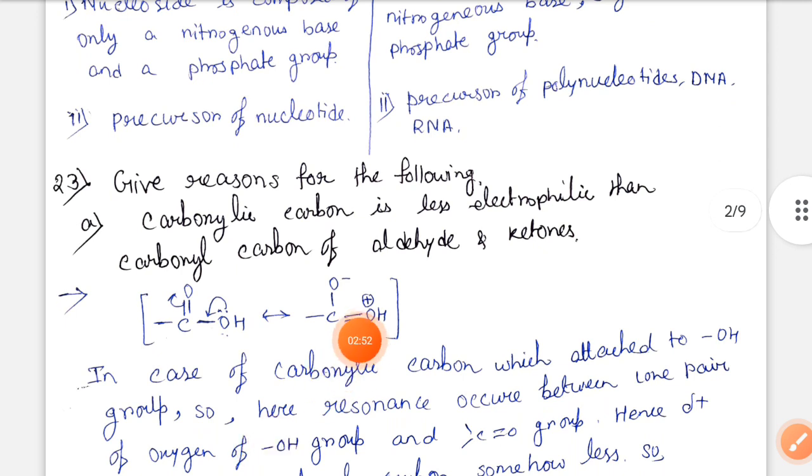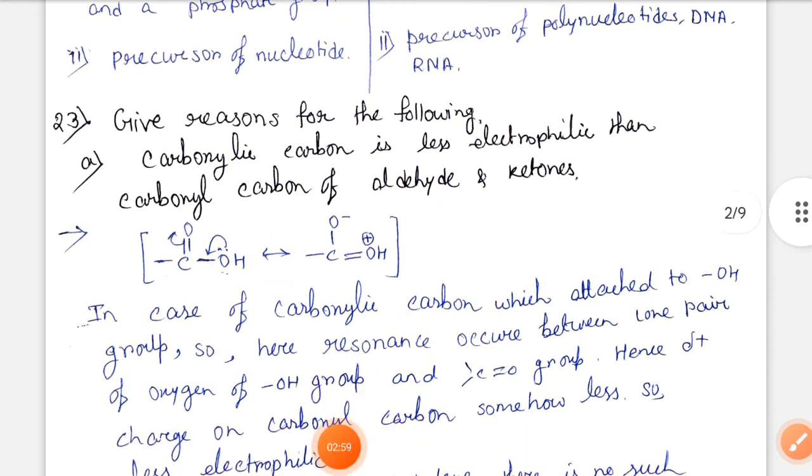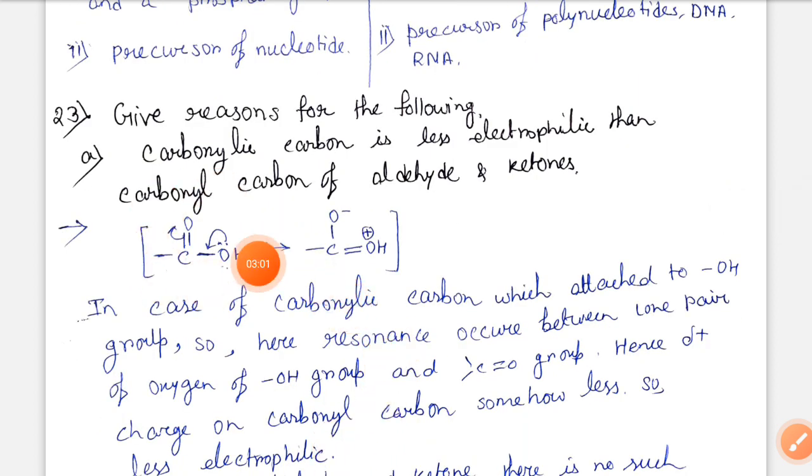First one is carboxylic carbon is less electrophilic than carbonyl carbon of aldehyde and ketone, because in carboxylic acid the group is this carboxylic group, C double bond OH. Okay, you can release hydrogen and a carboxylate anion is formed, then you can show the resonance, but I just show it in presence of hydrogen.